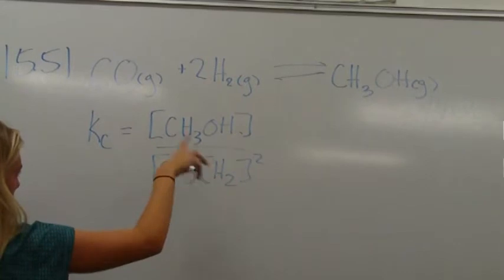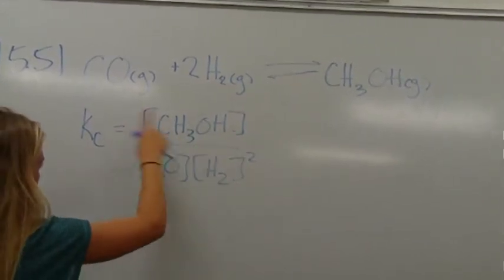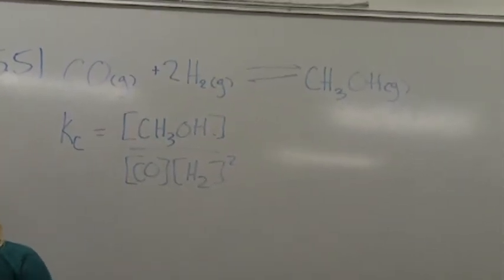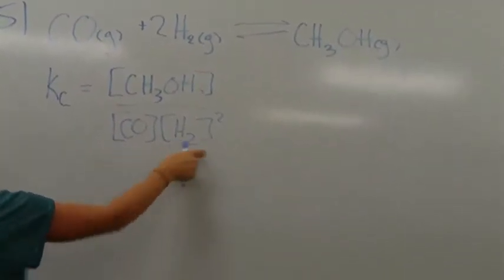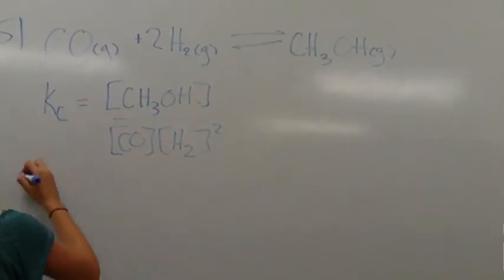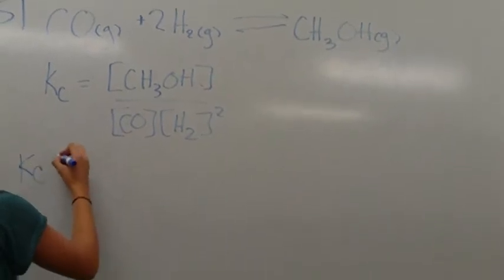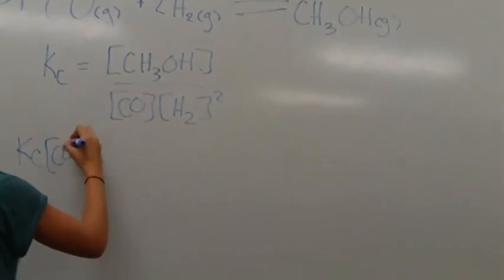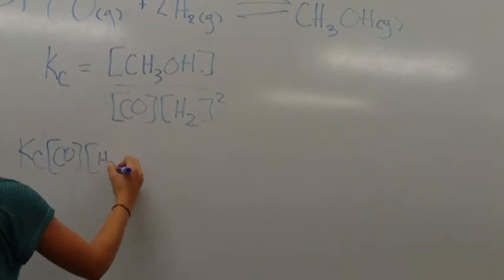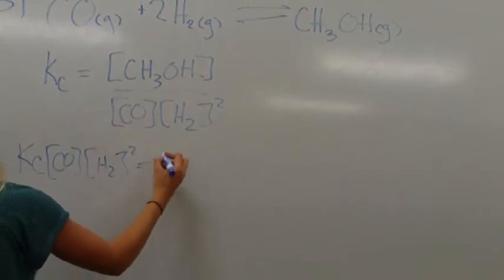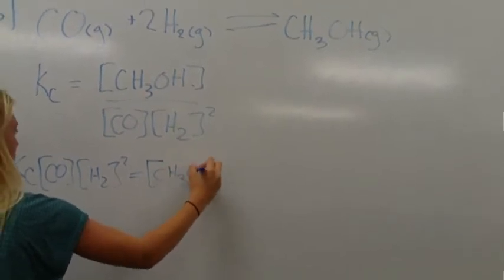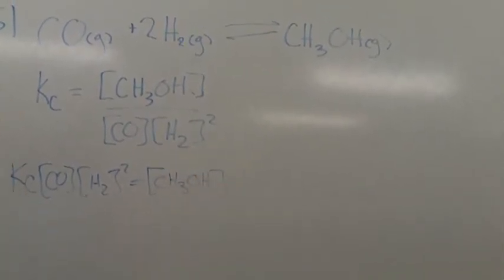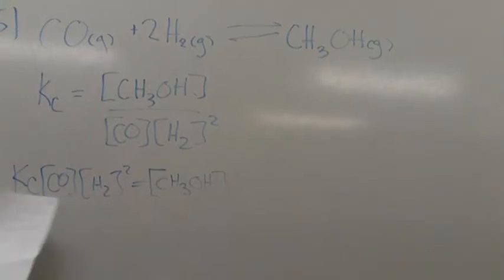If we want to, we can rework the problem to solve for methanol. So all we do is multiply by the denominator on both sides. So Kc times the concentration of CO, times the concentration of H2 squared, is going to give us the concentration of CH3OH. We just plug in the values they gave us.